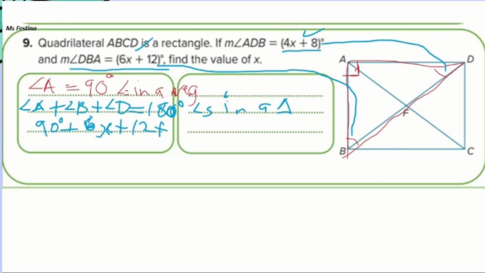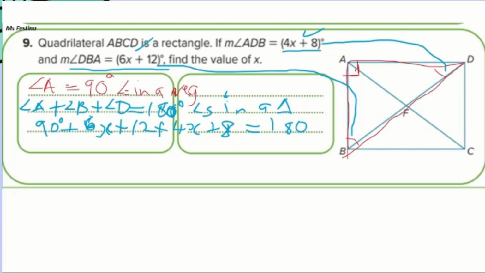The reason I'm not putting it in brackets is because nothing will change, but you can do so and then simplify. Our answers should be the same. So 4x plus 8. Then we can add all our numbers together and all our like terms together.